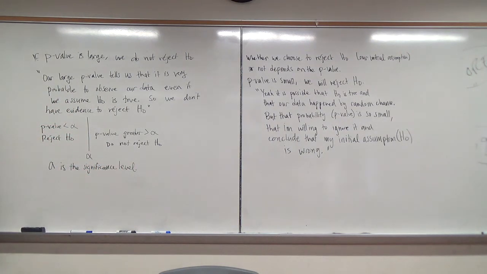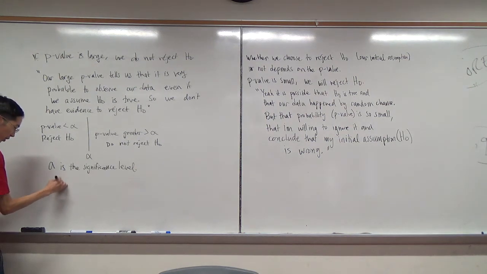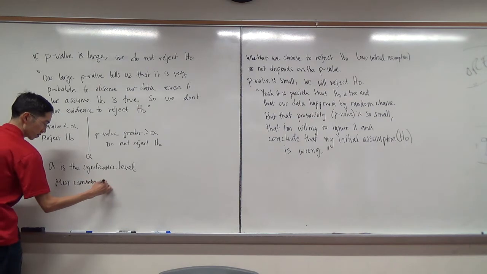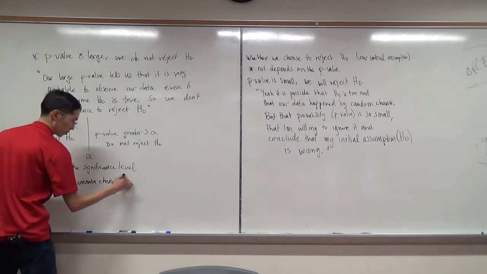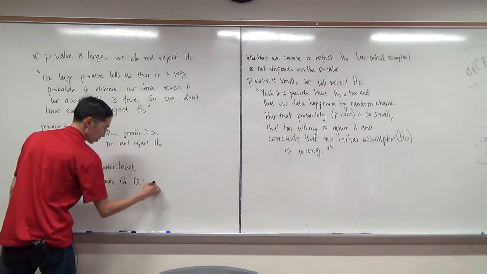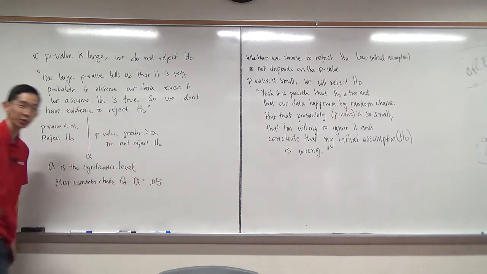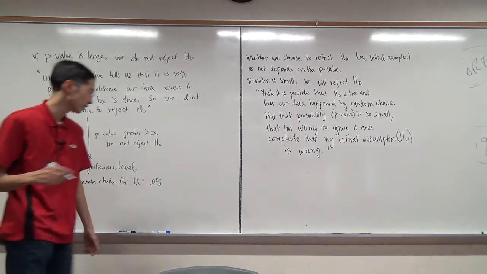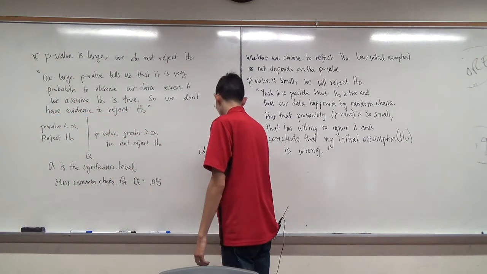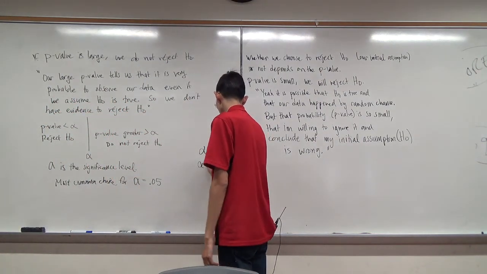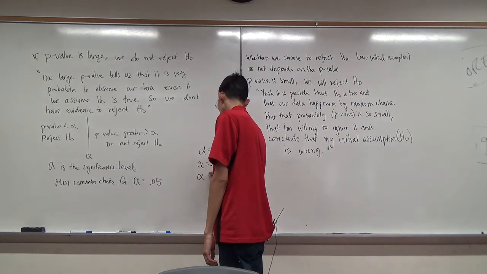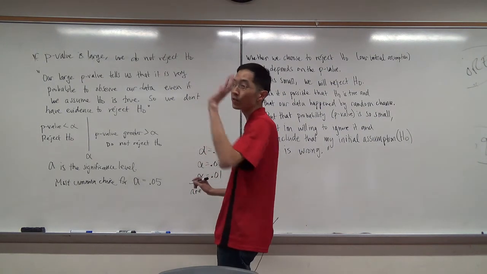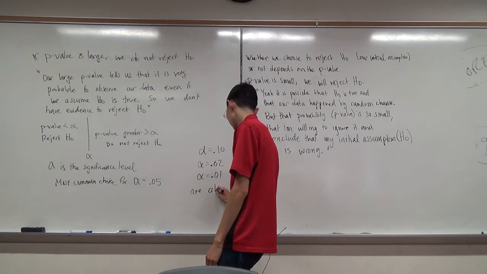Okay? And our most common choice for alpha is 0.05. But you can choose alpha equal to 10%, or 2%, or 1%, all are valid. Or any alpha that you want.